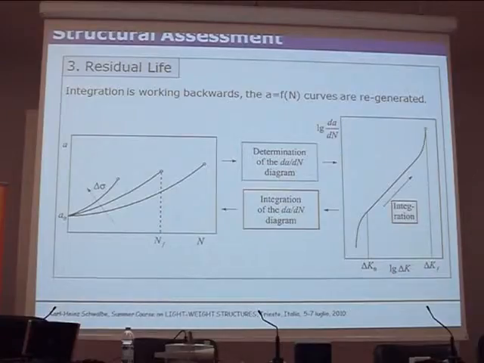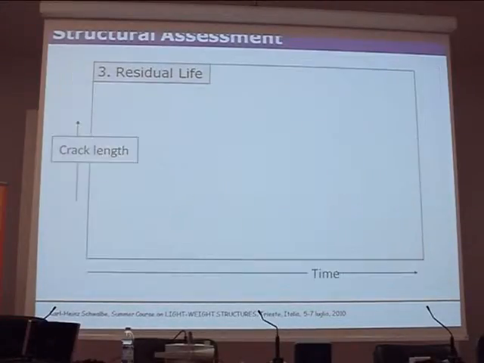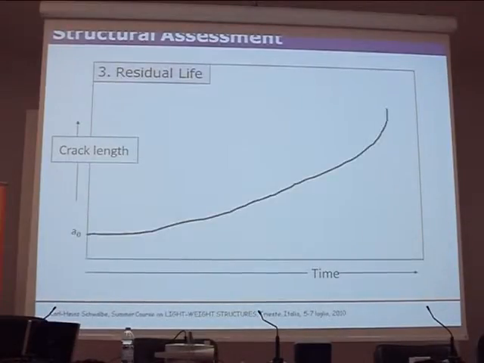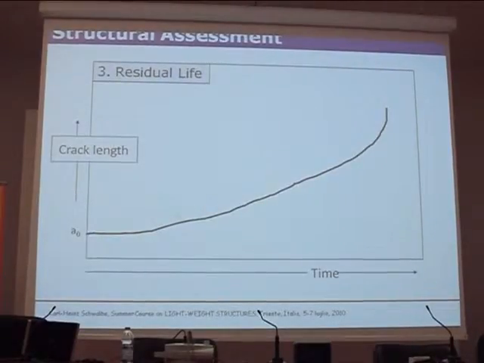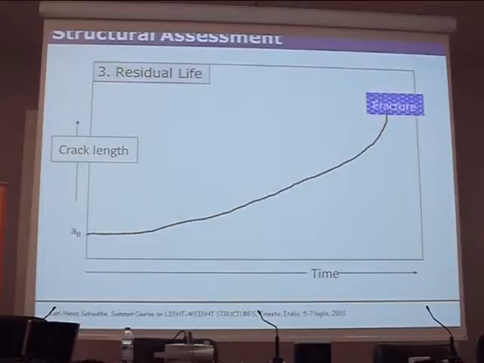Now, once again, the diagram shows the two ways we go through the procedure. Here we have a crack size life diagram. Starting with A0, the crack propagates this way, and so fracture occurs here.